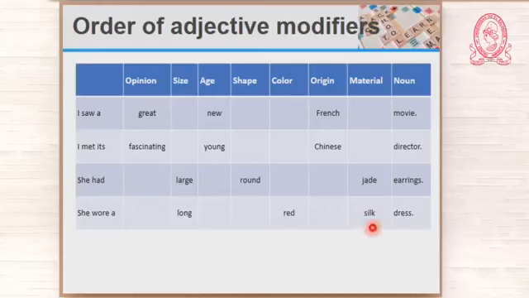And these modifiers have to follow this order. Next to the noun, dress, you have the material, and then here we have a color, and then we have size. So our sentence is going to be, she wore a long red silk dress, okay? And this is proper grammar.